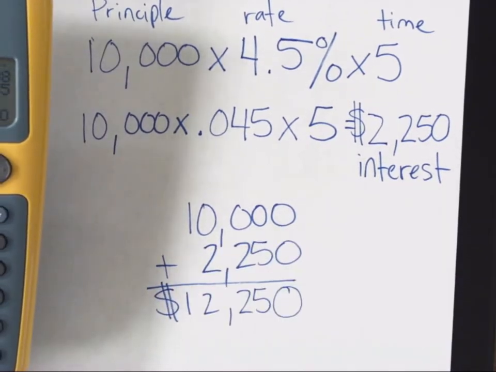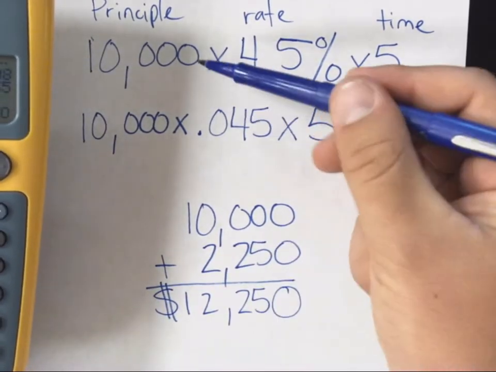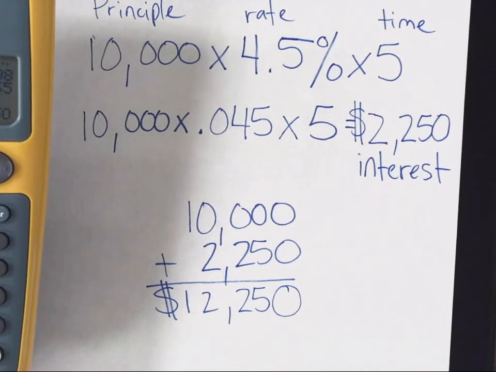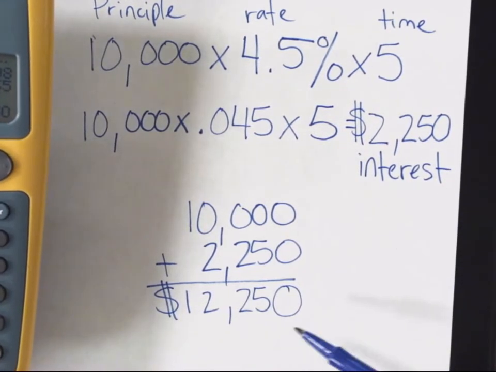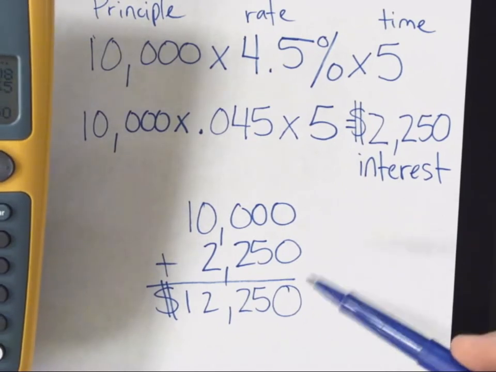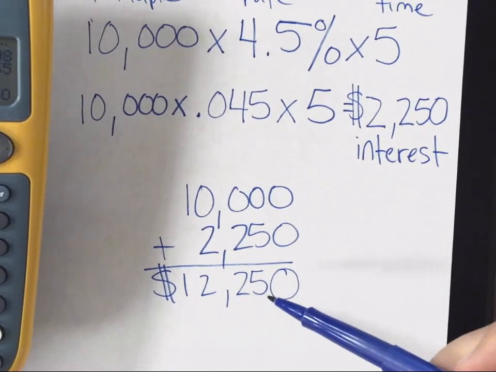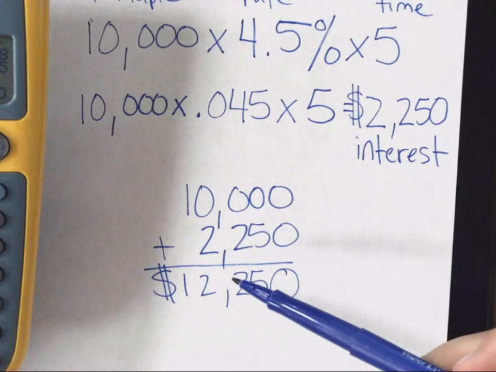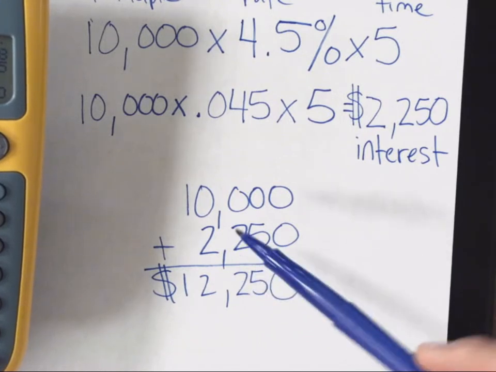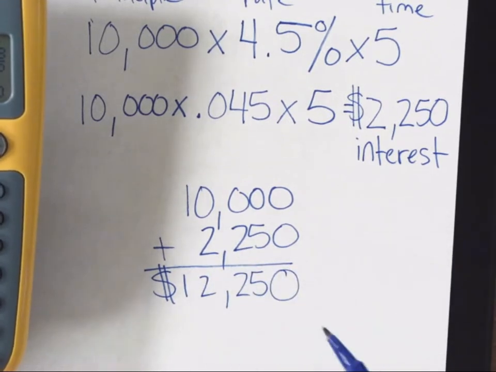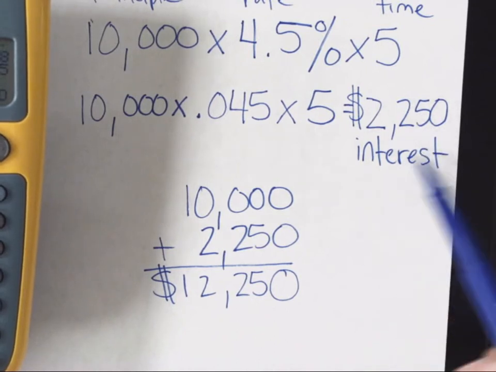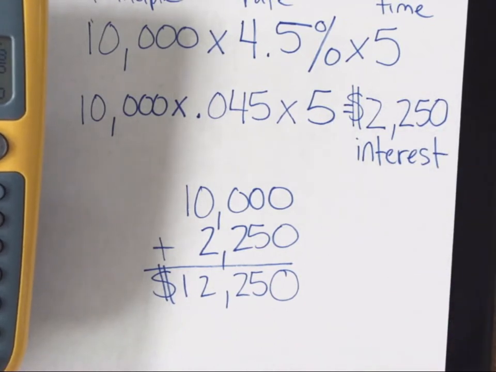That is how much money you will actually have to pay back for borrowing $10,000. Depending on if they ask you how much money you will pay in total, including interest, this would be your answer. If they only want the interest, then this would be your answer. That's how much you are paying in interest over 5 years.